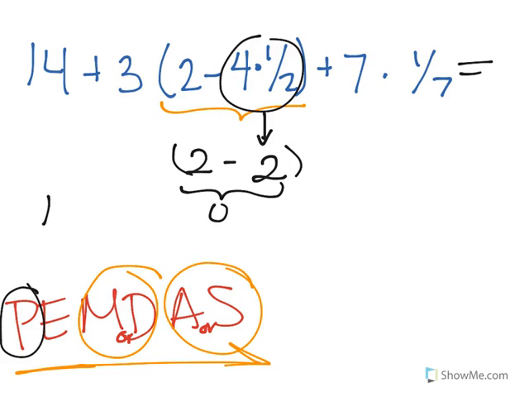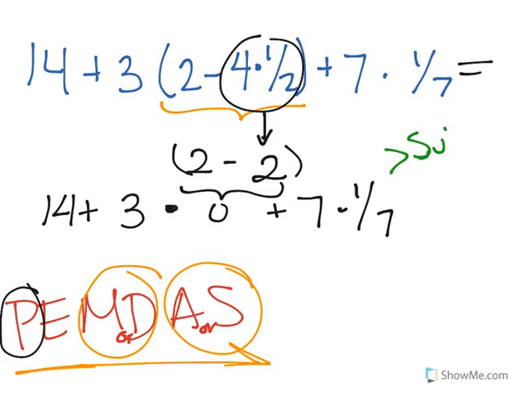So we can substitute that into the whole expression. So 14 plus 3 times 0 plus 7 times 1/7. So here, let me say that we used substitution to go from this step to the next one. Substitution. And from here to here, we also used substitution.